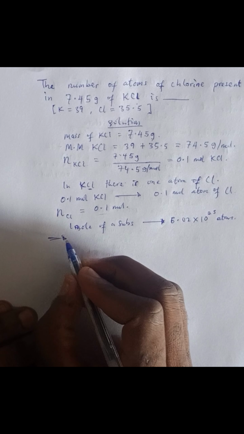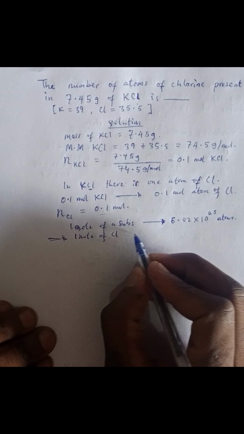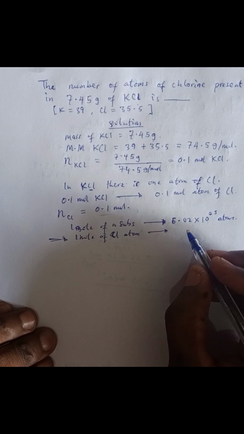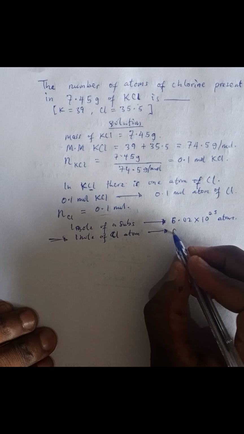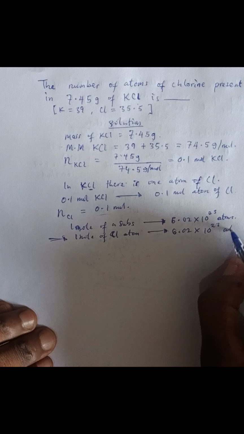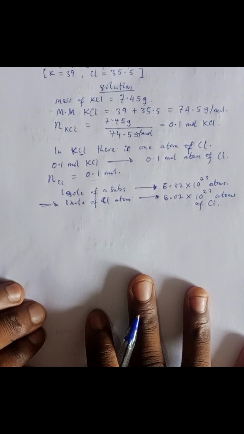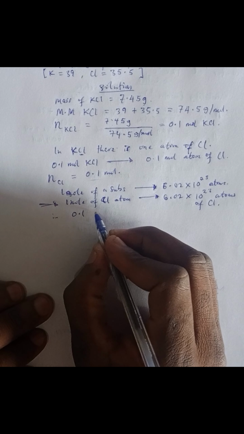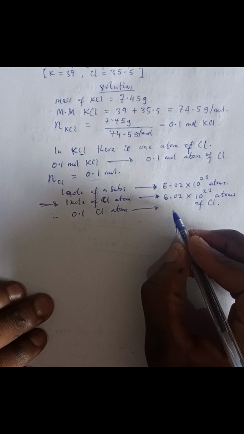This implies that 1 mole of chlorine atom will produce how many atoms of chlorine? That will be 6.02 multiplied by 10 raised to the power of 23 atoms of chlorine. Are you following? Therefore 0.1 mole of chlorine atom will yield how many atoms?